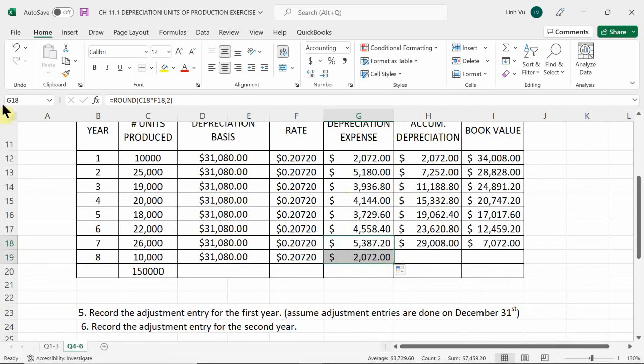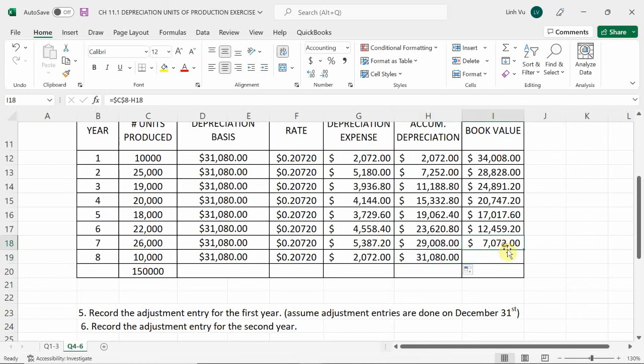So therefore, what's my total accumulated depreciation? $31,080.